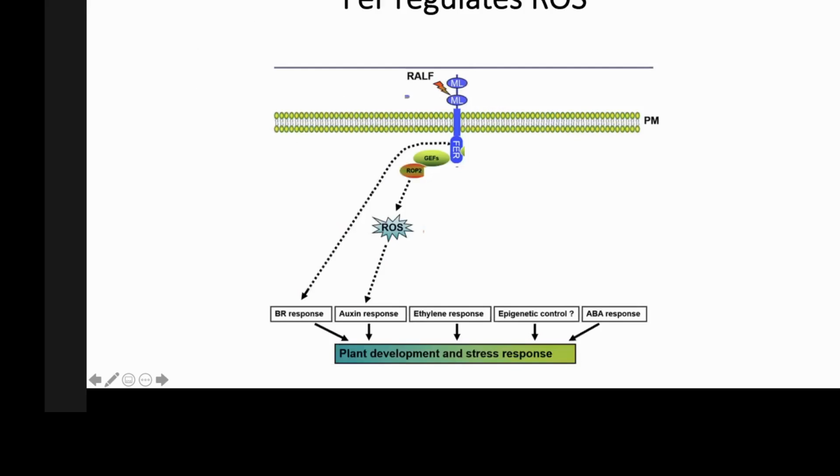Okay, so then they know that the FER system is able to regulate reactive oxygen species. And as I mentioned in the beginning, it is able to do this through RALFs. These RALFs act as negative regulators of FER. And these RALFs are the cysteine-rich peptides that, when they bind to FER, are able to inactivate or negatively regulate RAP2, and then RAP2 is not able to act through the NADPH oxidases to result in reactive oxygen species being produced.